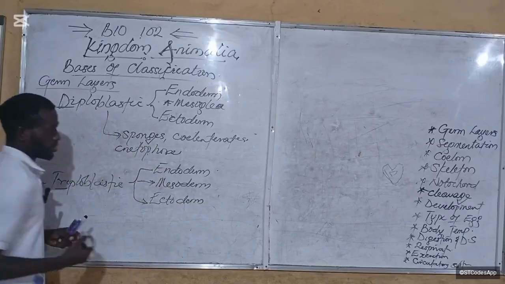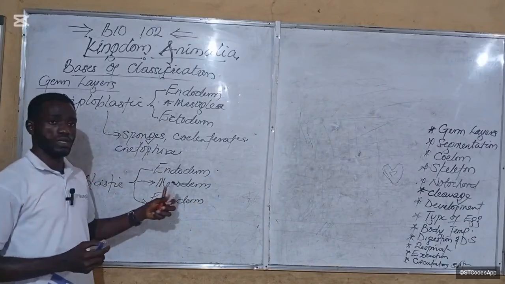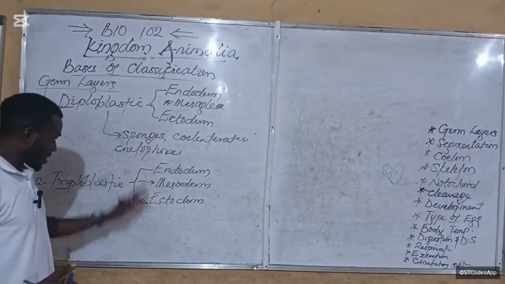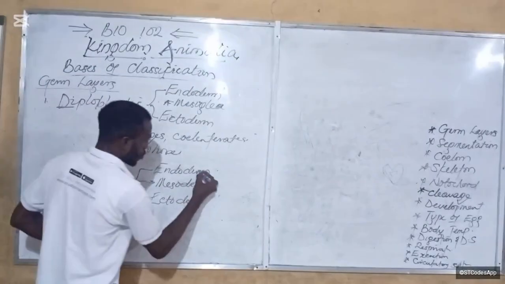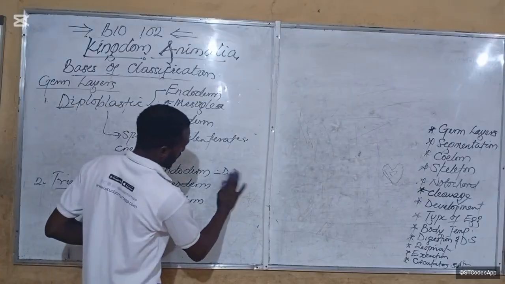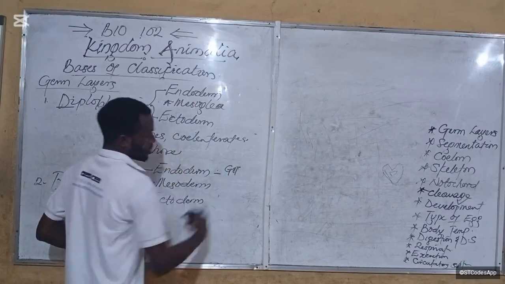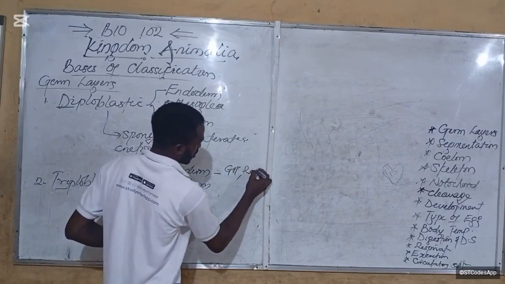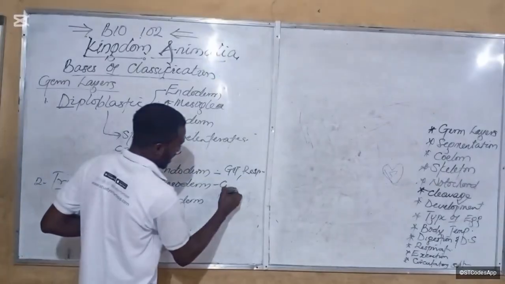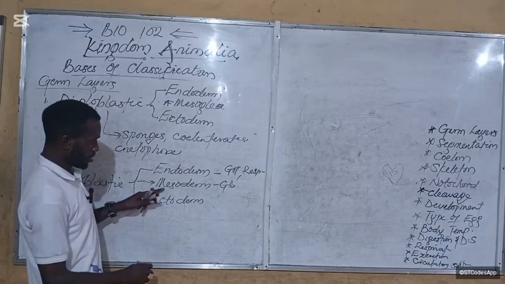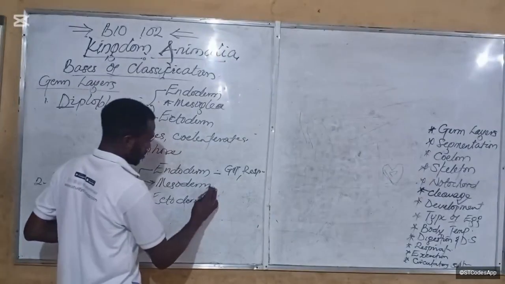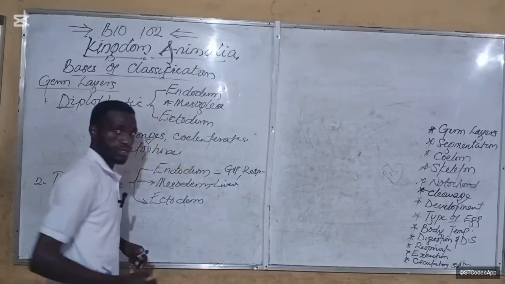Okay? Now, in the other video where we talked about the general characteristics, we already talked about what these germ layers become. So the endoderm is the one that becomes the digestive system, the GIT. It forms the GIT. It forms the respiratory system, while the mesoderm forms the liver, the organs. You understand?